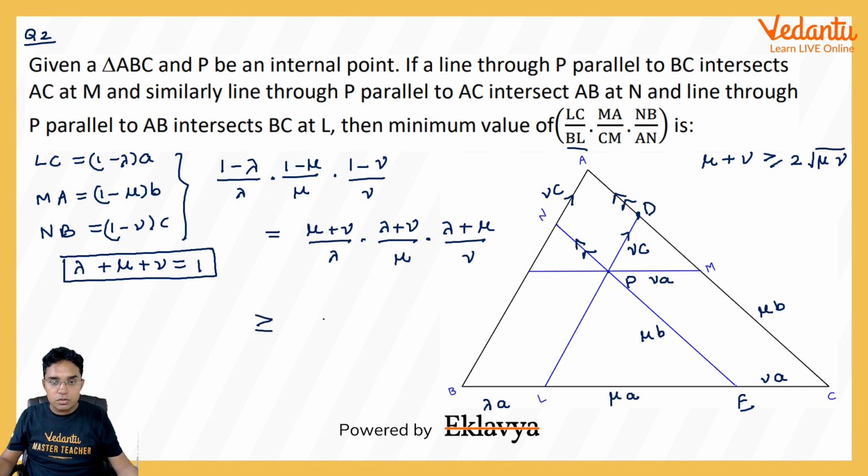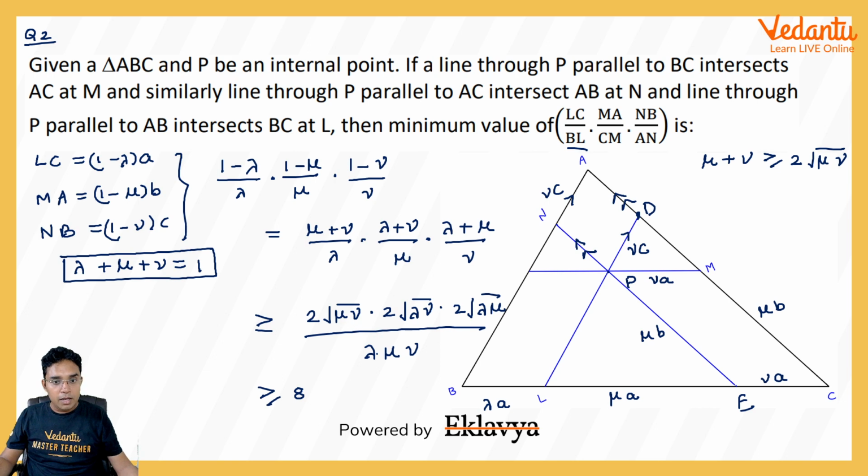So if I use AM-GM in the numerator, we will get 2 root mu nu. Next one, 2 root lambda nu. And next one, 2 root lambda mu. And the whole divided by lambda, mu and nu. So you can check, this ratio comes out to be greater than or equal to 8, because all lambda, mu, nu will get cancelled.